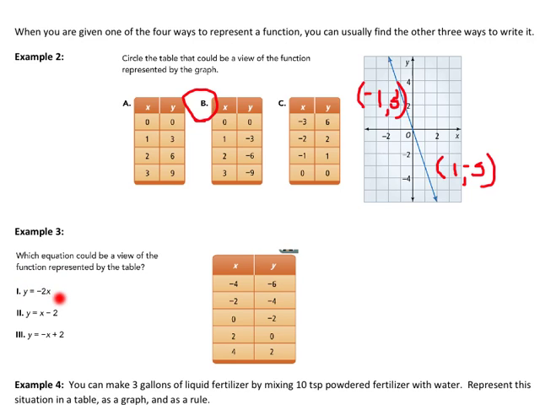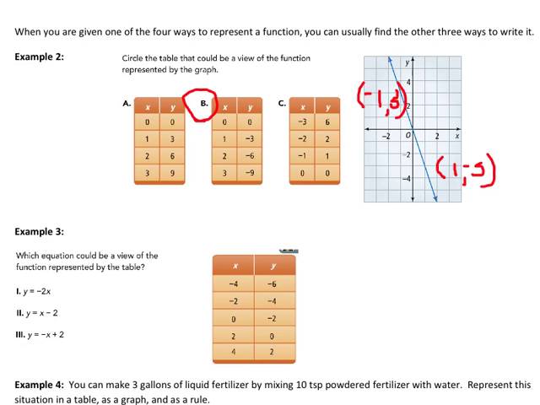This one is no. If I plug 2 in for x, I get negative 4 for y. So number 1 is out. If I plug 2 in for x here, 2 minus 2 is 0, so that one might be right. If I plug 2 in here, I get negative 2 plus 2, and that's 0. So either one of these two could be right.